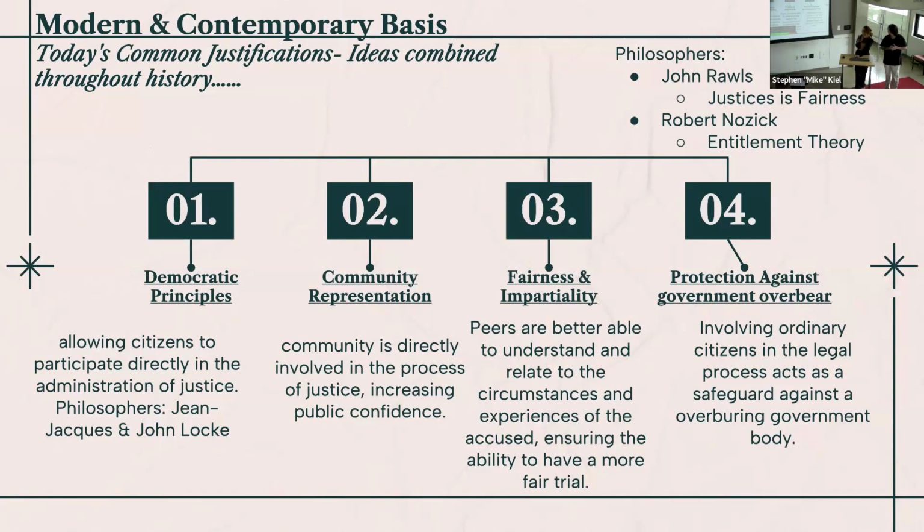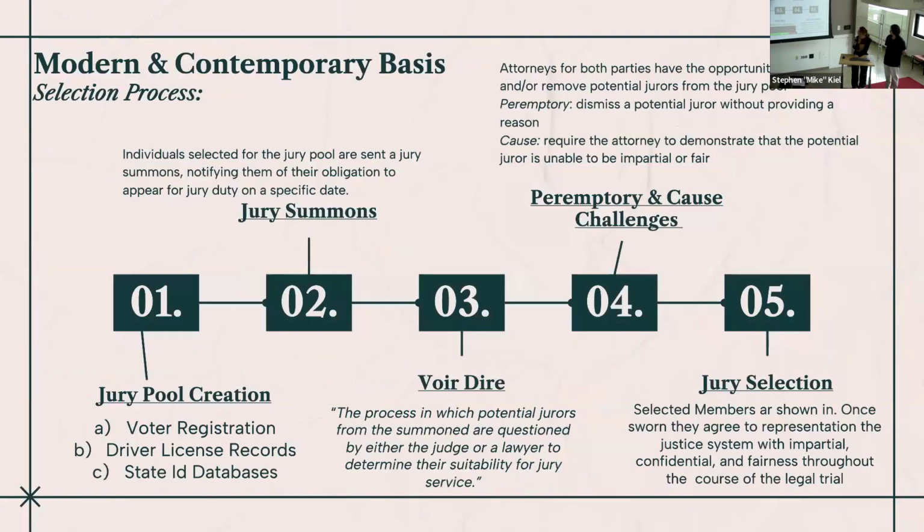These principles also shape our communities, such as allowing citizens to participate directly in the administration of justice and being able to judge our community and be involved with each other. And peers are better able to understand and relate to certain circumstances that a judge may not be able to.